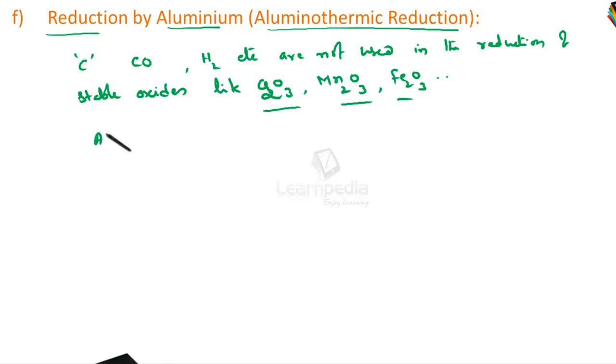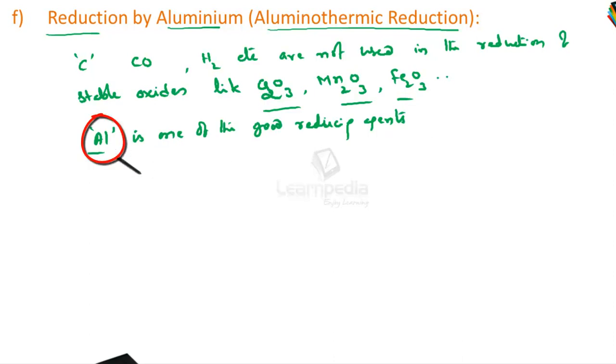So aluminium is one of the good reducing agents for these oxides. Aluminium being more electropositive than chromium in Cr2O3, manganese in Mn2O3, and iron in Fe2O3, has more affinity towards oxygen than the metal in the metal oxide.